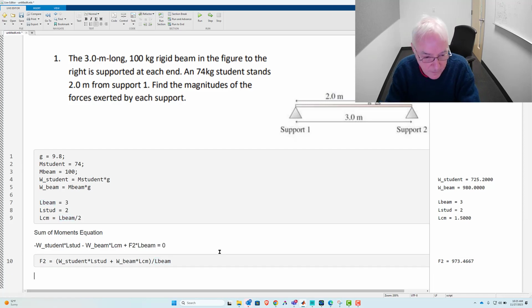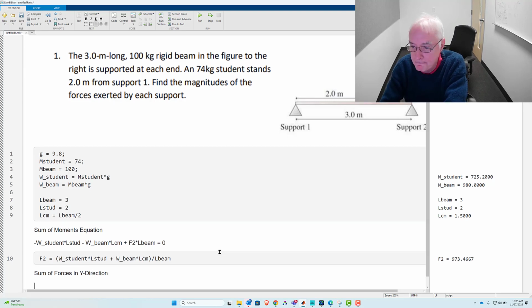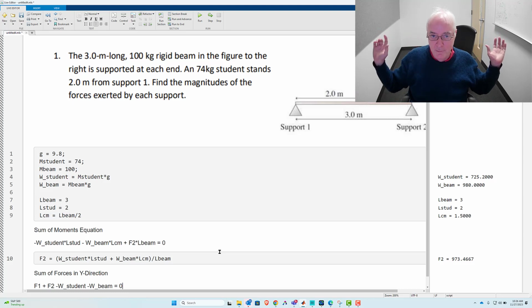And so we do this with sum of forces in Y direction, which will be F1 plus F2 minus W student, because he's acting in the negative direction, and minus W beam, which is also in the negative direction, and that will all be equal to 0, because again, F is equal to ma, but a is 0.